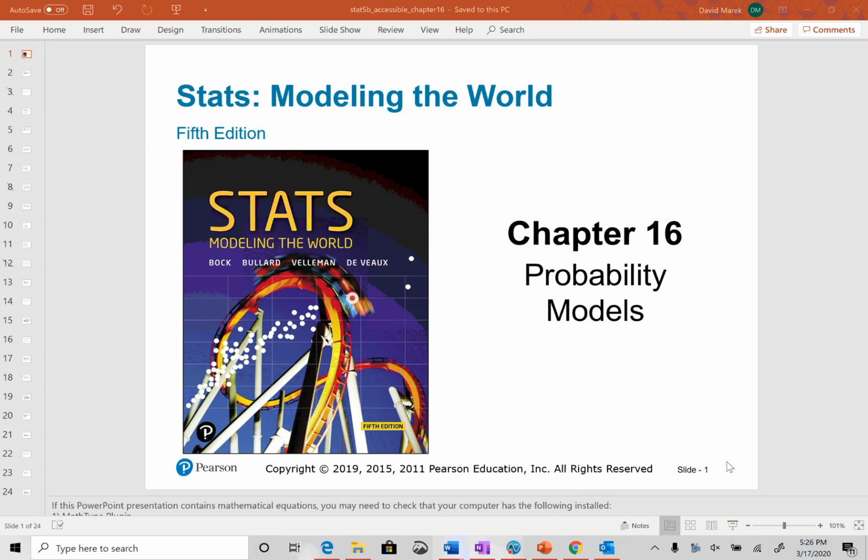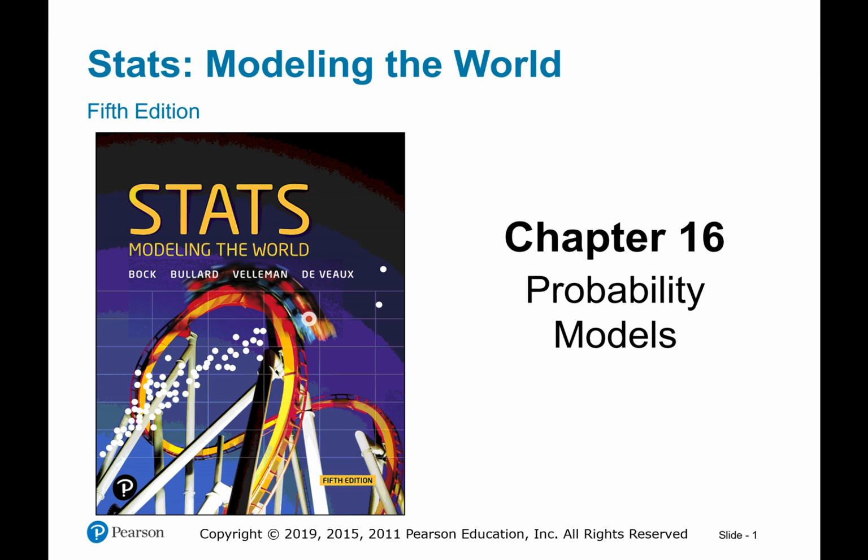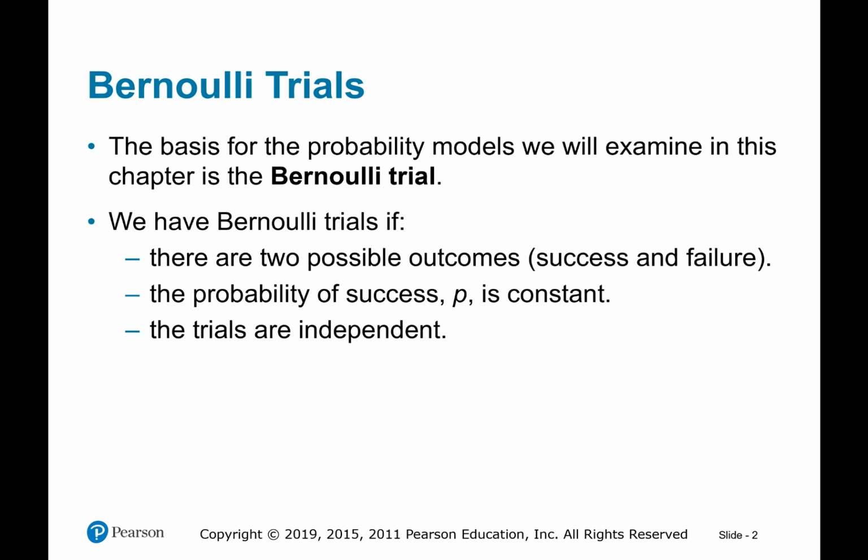Okay, let's take a look at chapter 16, different models that we have here to determine probability of different events. And let's start with the very, very famous Bernoulli family. It's an extended family.